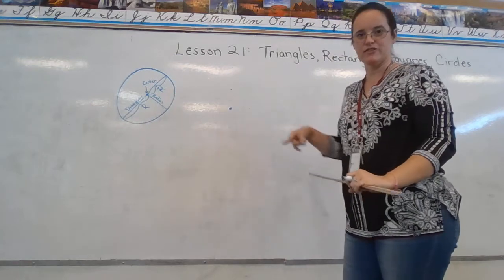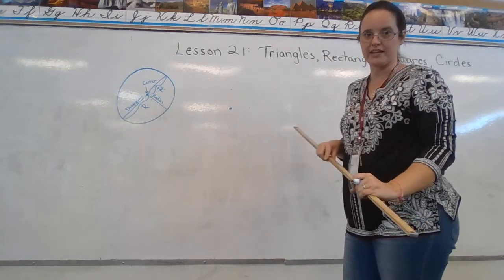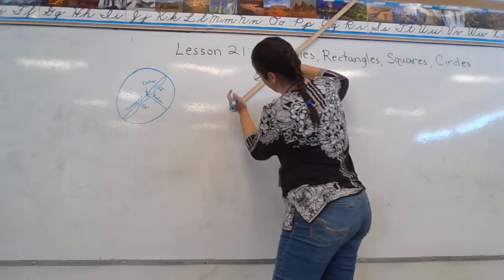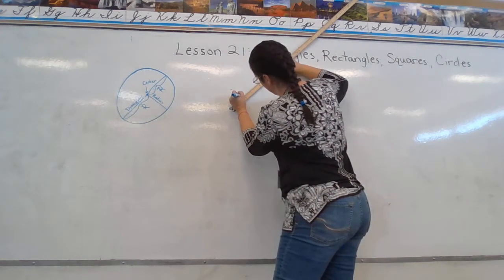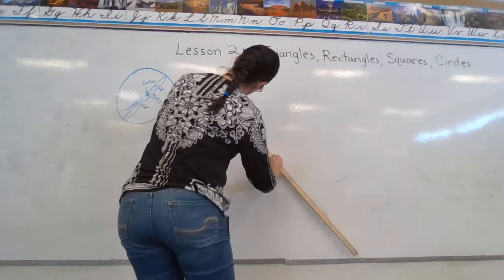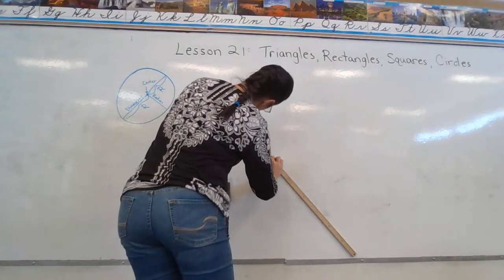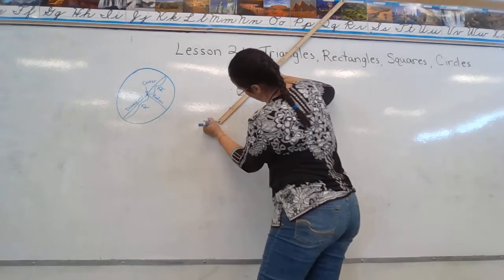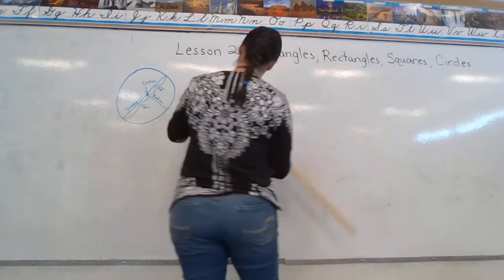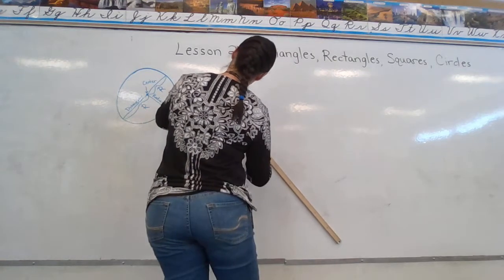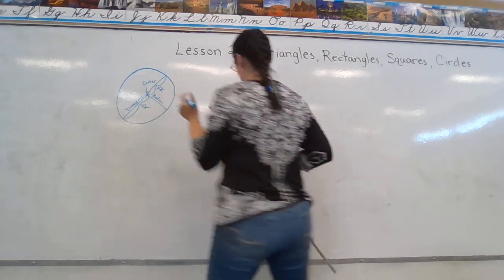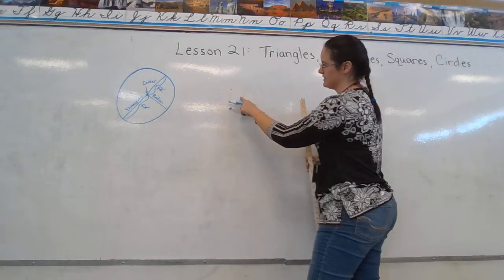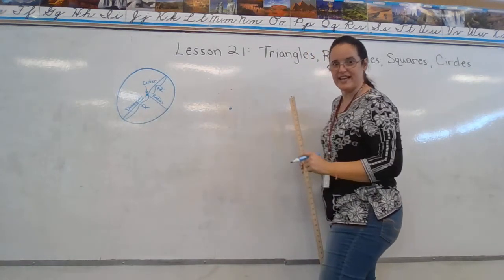I could make a circle out of that, but it's not going to be very accurate. The more points I make, so I'll go halfway in between these two here, and then halfway in between here, and then halfway in between here, and halfway in between here. At this point, my circle is going to be pretty accurate because I don't have a lot of space from one point to the next.